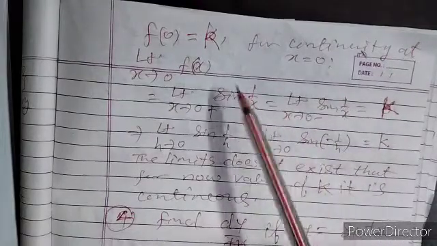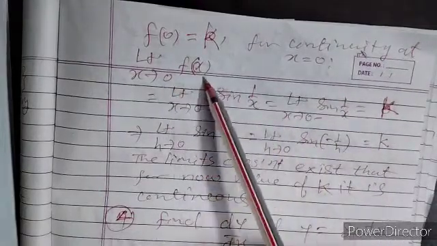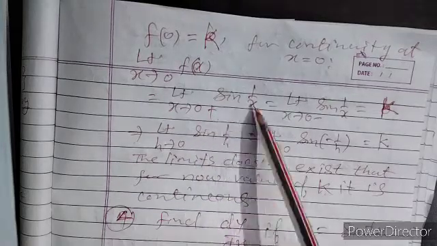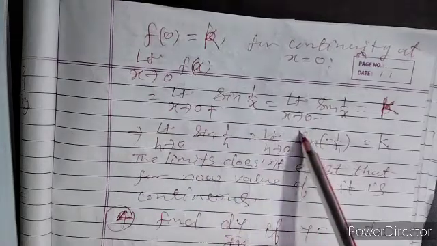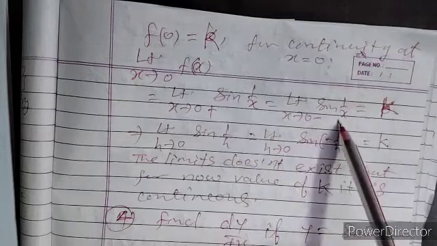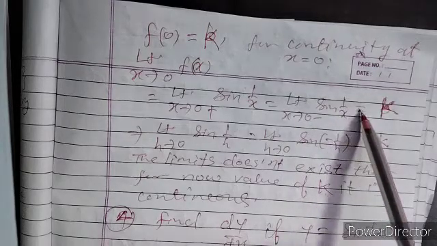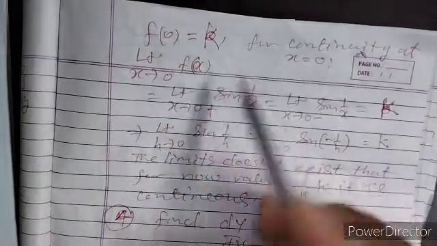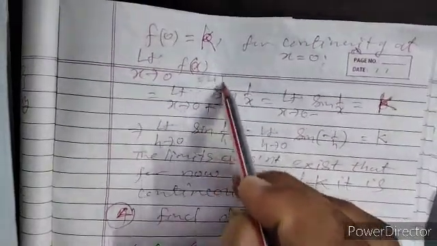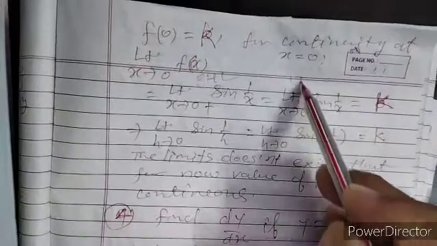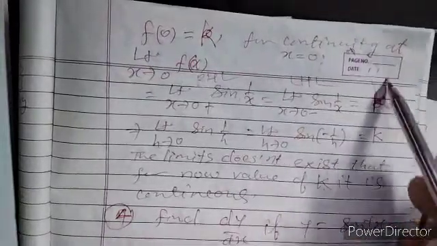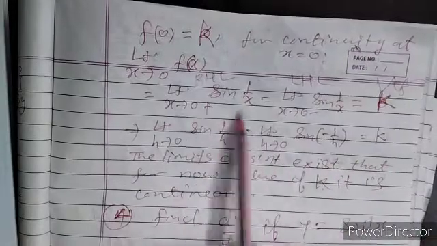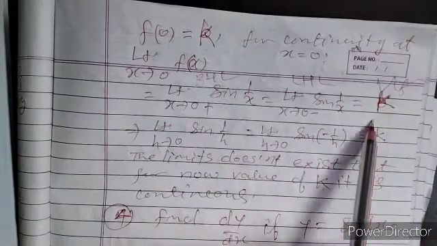Now limit x tending to 0 of f(x) equals limit x tending to 0+ of sin(1/x), equals limit x tending to 0- of sin(1/x), equals k. For continuity, this is the RHL, this is the LHL, this is the value of the function. So all three should be equal for continuity.